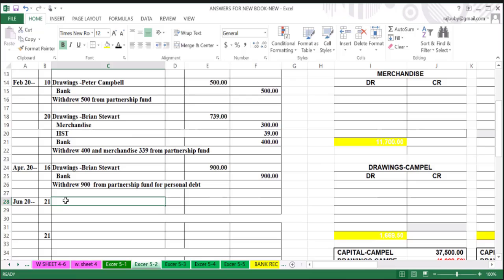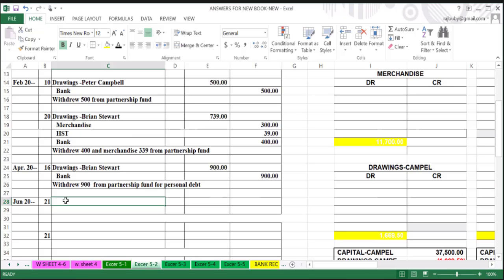June 21st, Peter Campbell invested an additional 12,000 cash. Brian Stewart withdrew 2,000 cash. Record these in separate transactions.